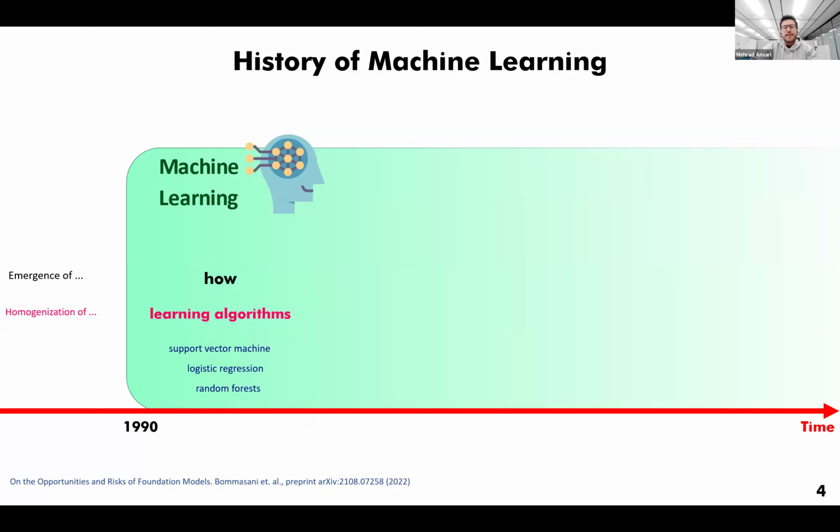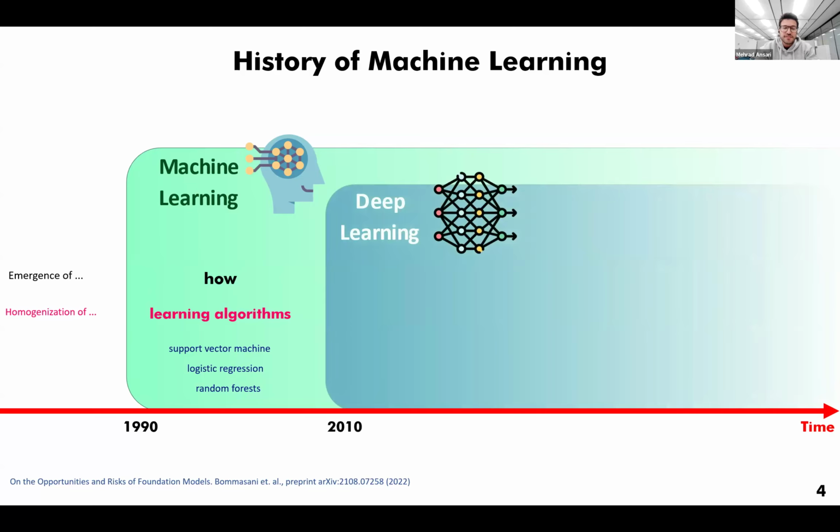But the problem came when people wanted to deal with semantically complex problems in natural language processing or computer vision, where they had to do feature engineering, essentially defining how they would input the features. This is primarily how they incorporated their domain knowledge into the workflow.